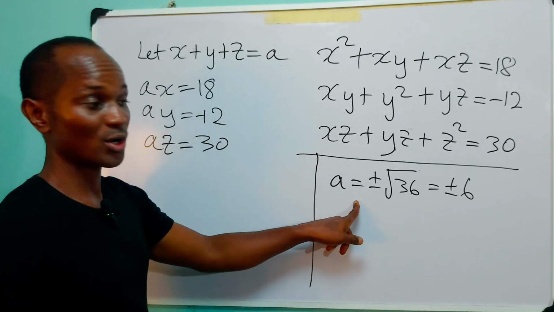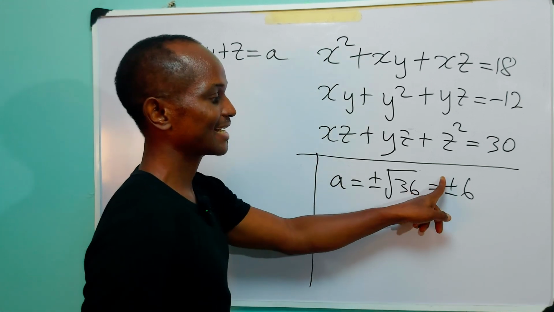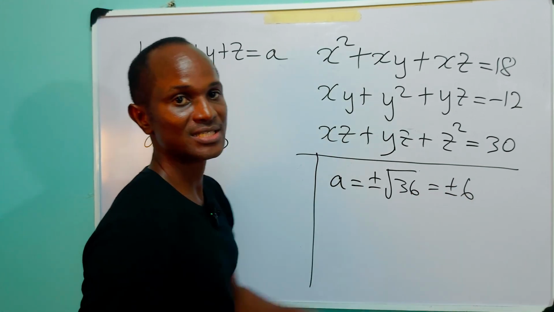So we have two values for a. We have that a can be either plus 6 or minus 6.